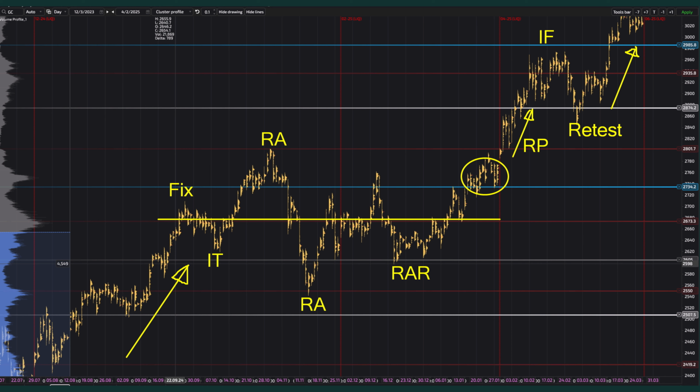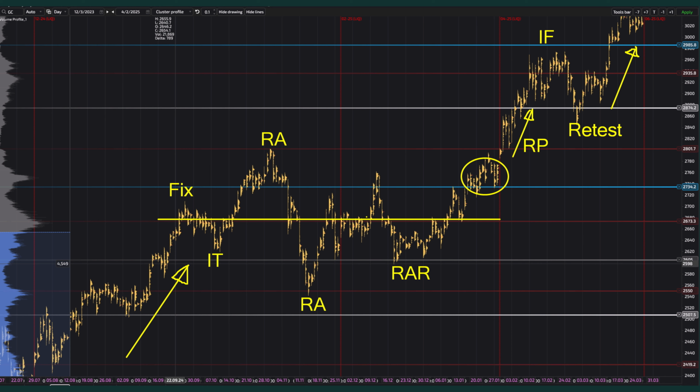Once again, just quickly: an impulse, fix, inertial trade. This is the first segment of the balance. The second segment of the balance can consist of one or two responsive activities. In this case, there were two responsive activities.